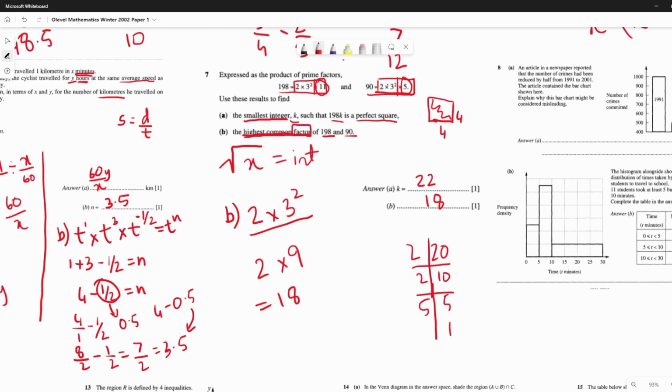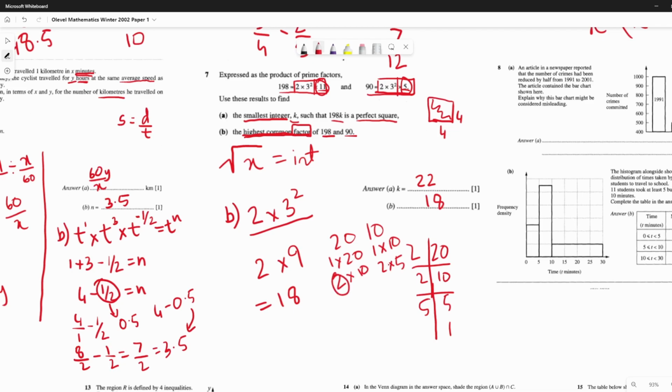18 is a number that they both share. For 198, 18 gets multiplied by 11, and for 90, 18 gets multiplied by 5, but 18 is a factor that they both have in common. Like for 20 and 10, 10 could be 1 multiplied by 10 or 2 multiplied by 5, and 20 was 1 multiplied by 20 and 2 multiplied by 10.